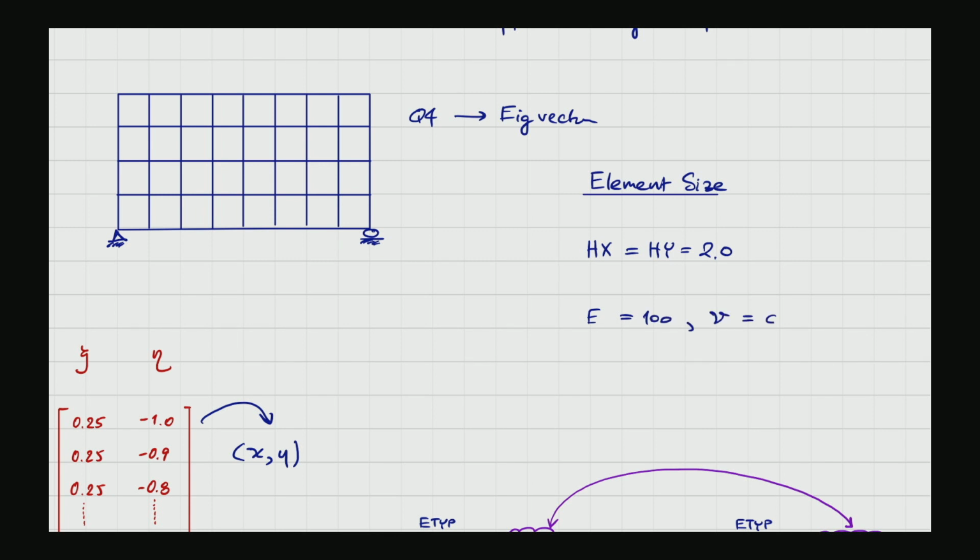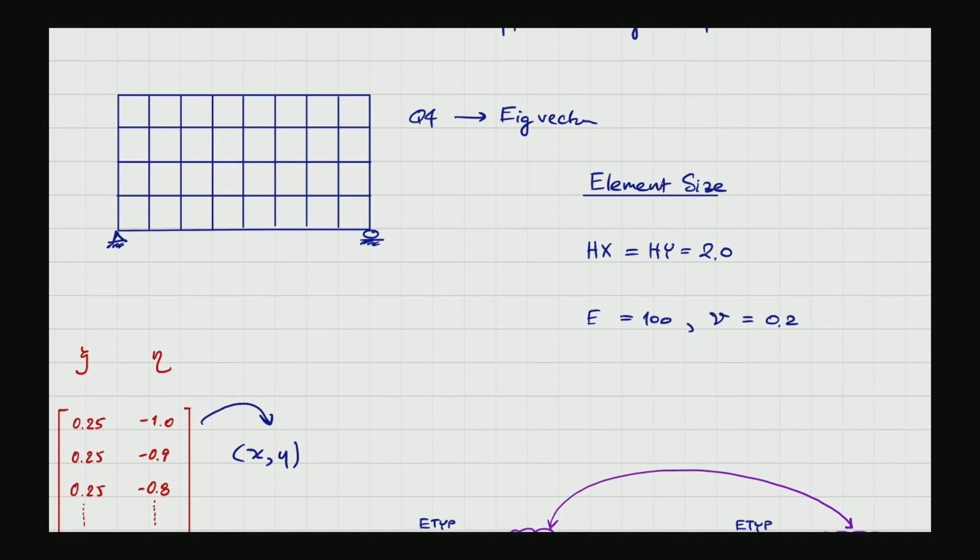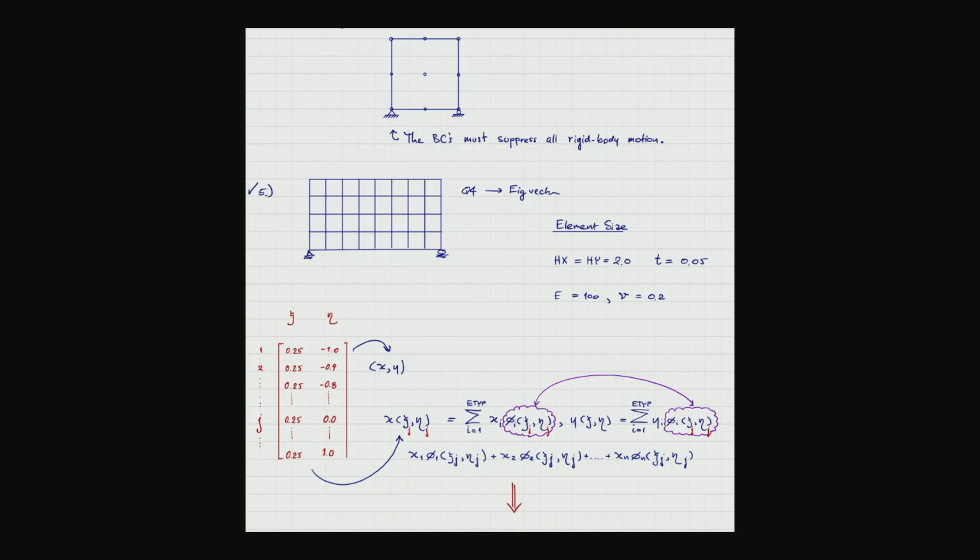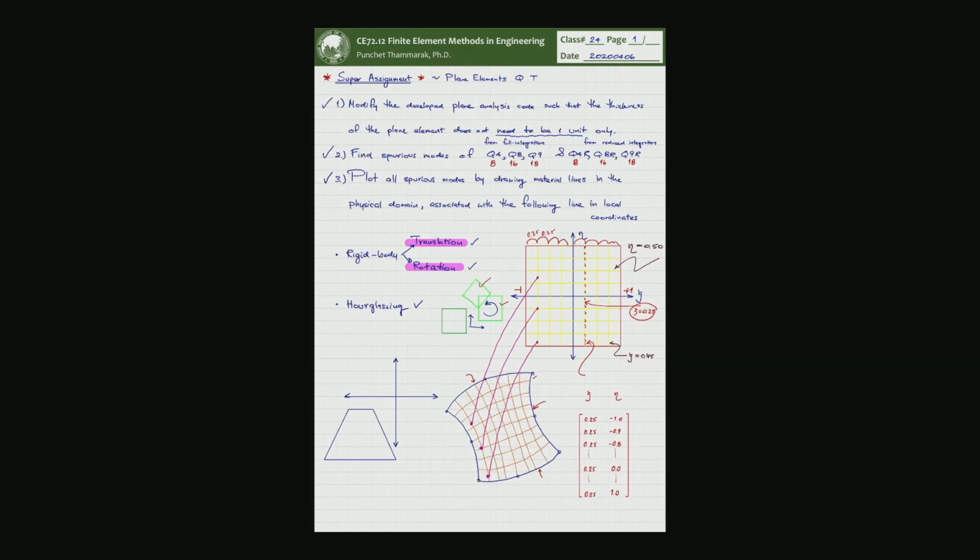Poisson ratio equals 0.2. That should be enough. Thickness, because you have thickness, make it 0.05. Okay, enough? Yeah, I think it is enough. 1, 2, 3, 4. No more than this.